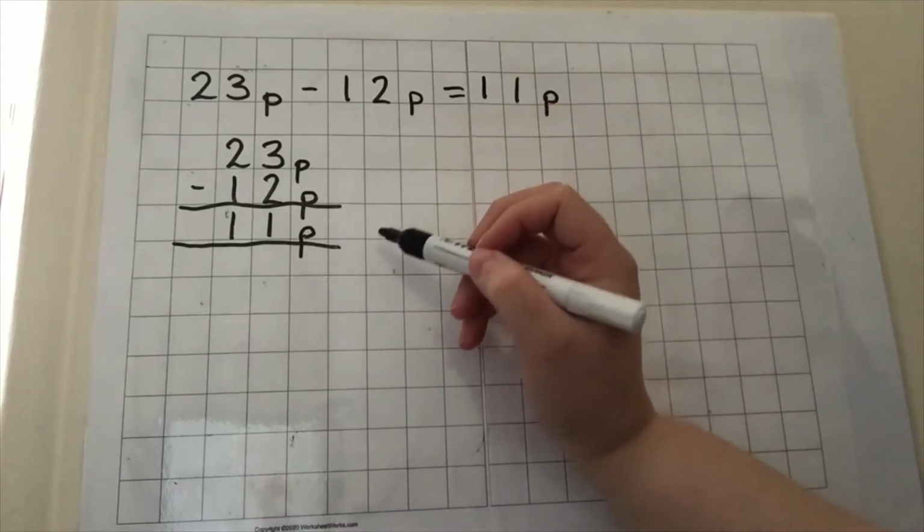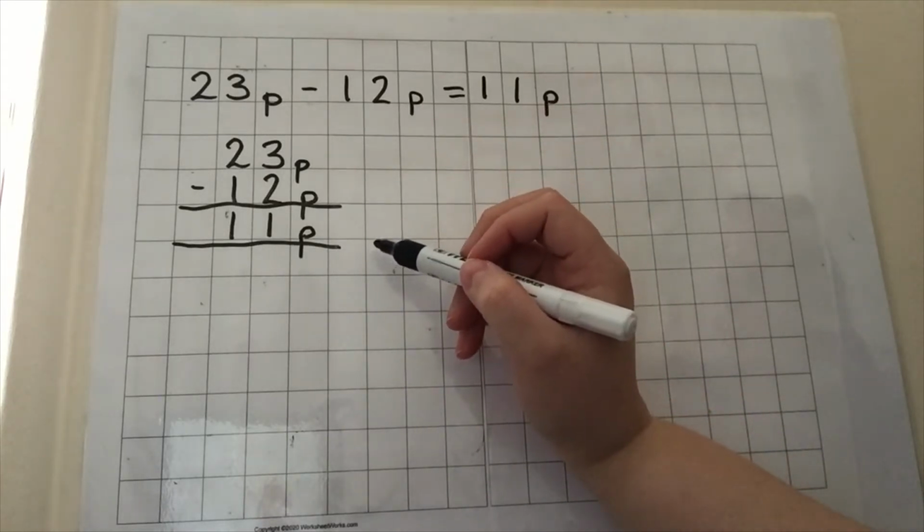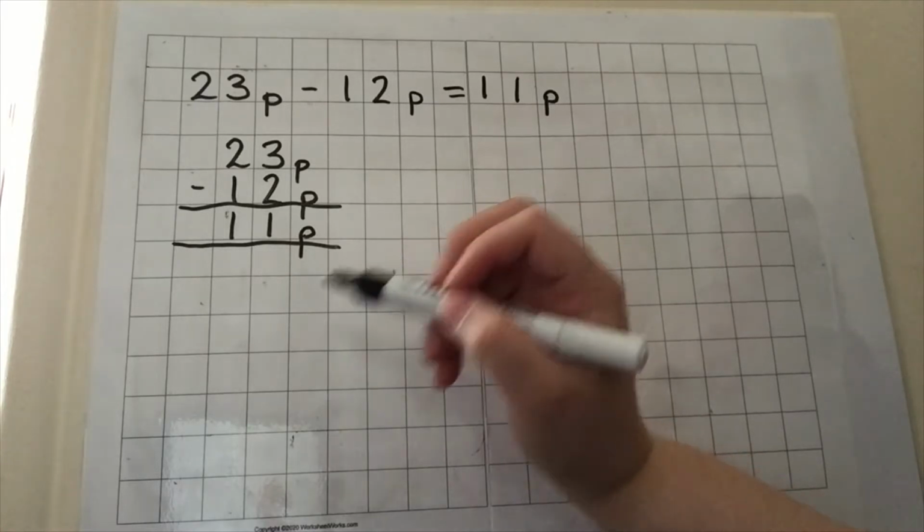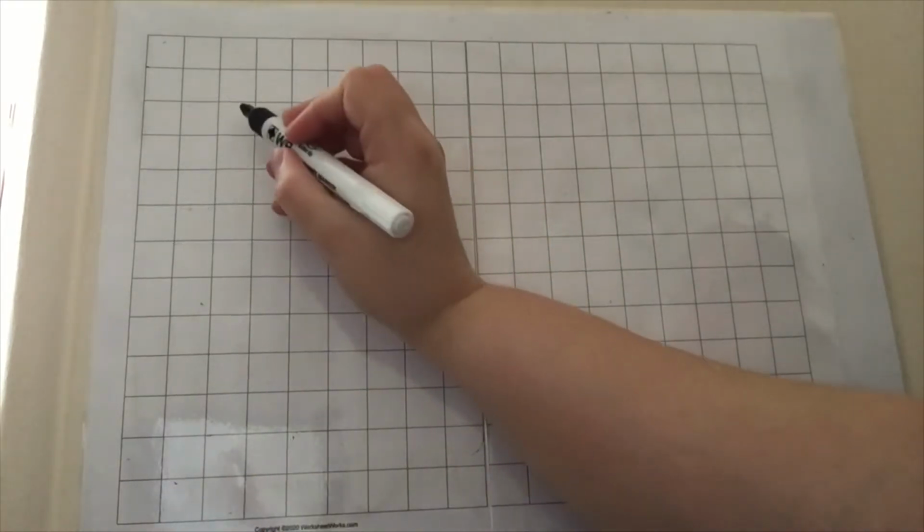Okay, so now I've shown you a 2-digit number. We're going to now start to look at 3 digits.